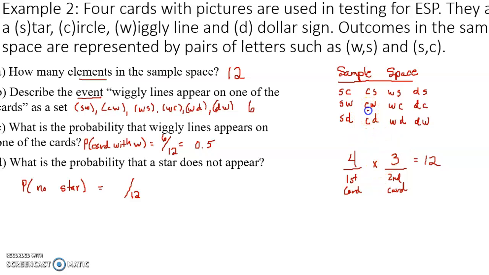Well, there's 1, 2, 3, 4, 5, 6 ways to draw 2 cards, and a star is not one of them. So again, we have 6 out of 12. That makes our probability again 0.5.